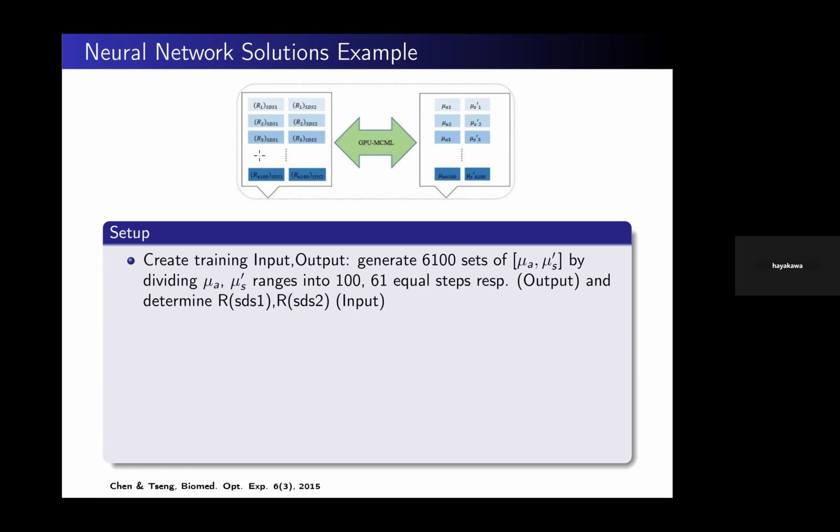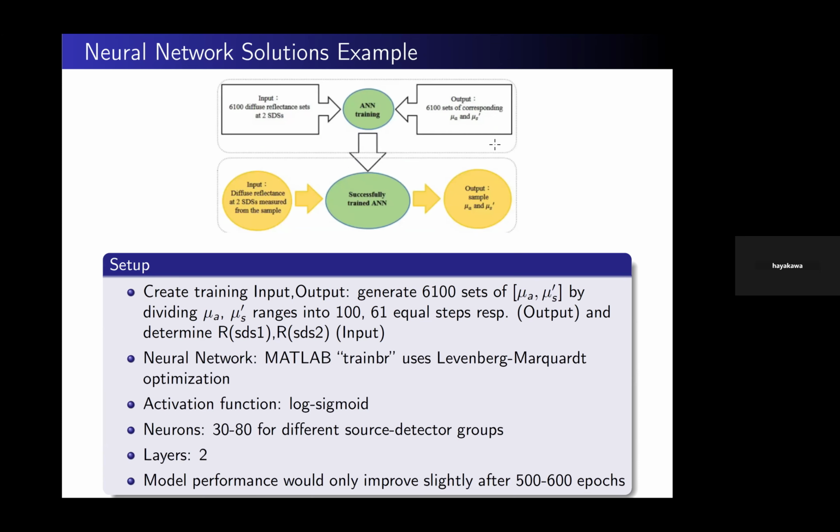This is going to form the training set where he wants to feed in these reflectance values and train the neural net to say, I know from these two, I can predict these optical properties. So he created 6,100 sets of training data. He told me how he divvied it, and this is all outlined in his paper for the two source detector separations.